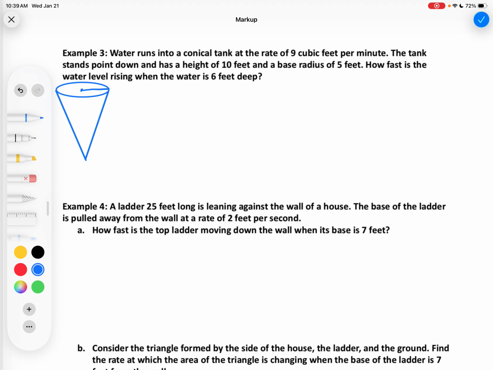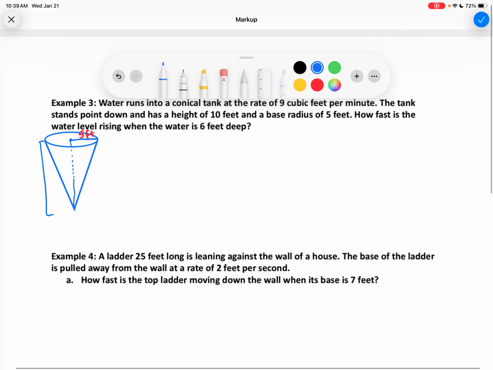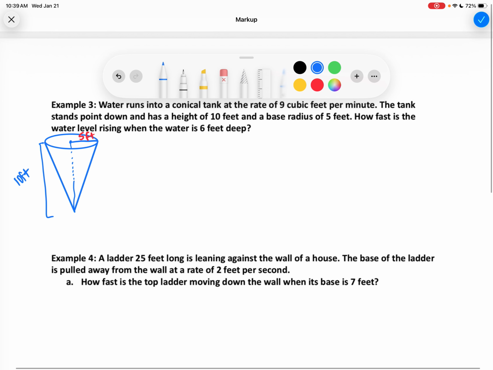So this is 5 feet. And then it says it has a height of 10 feet, so that's my total height here. So that's 10 feet. And then I want to know what's happening when the water is 6 feet deep. So I've got this spot here.